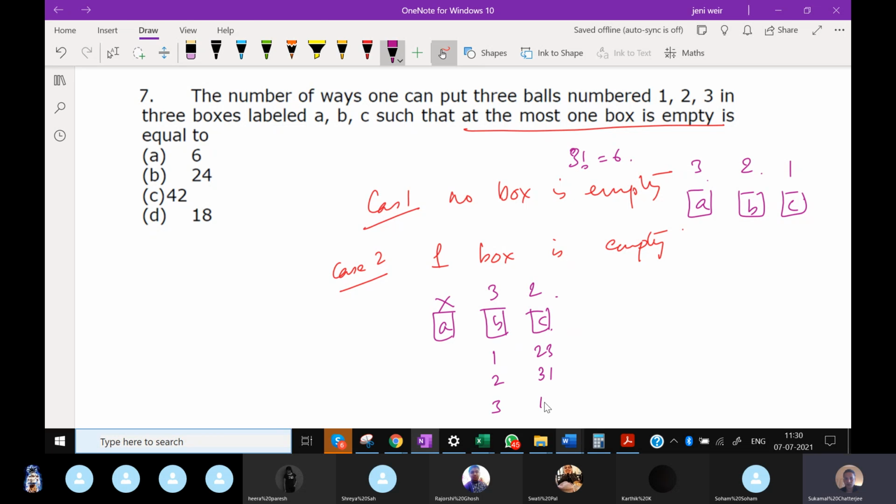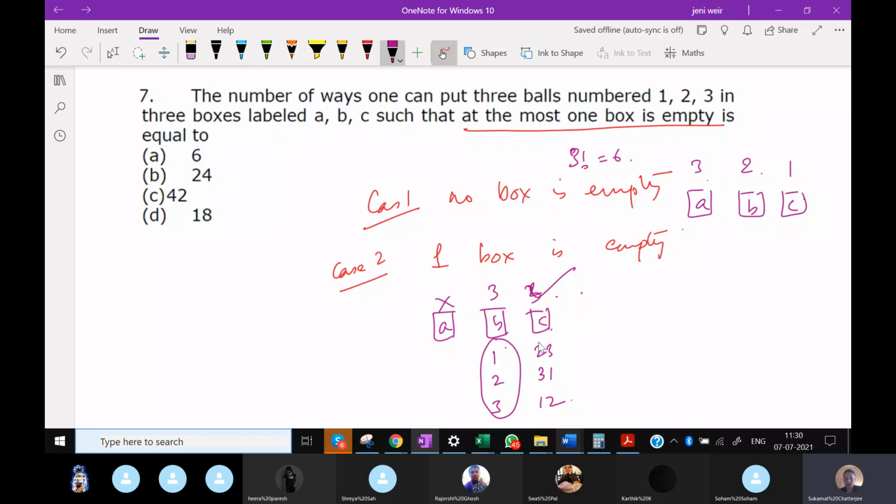If I have 3 here, I'll have 1 and 2 here, right? So this is one possible set of combinations, right? So this would be 3, not 2, right? So that means if I fill box B, automatically my box C is getting filled. So there are three possible ways to do this.